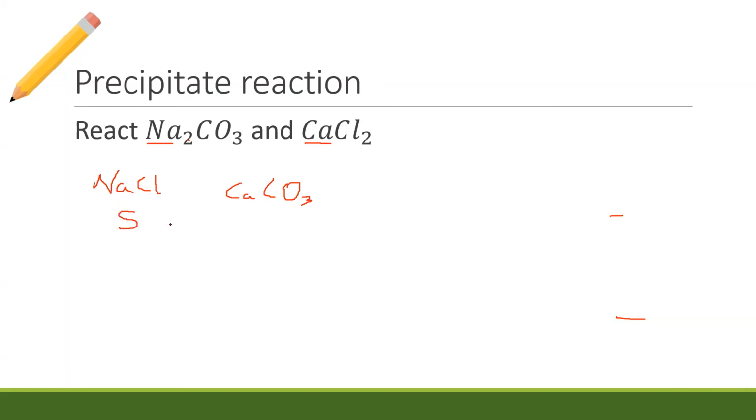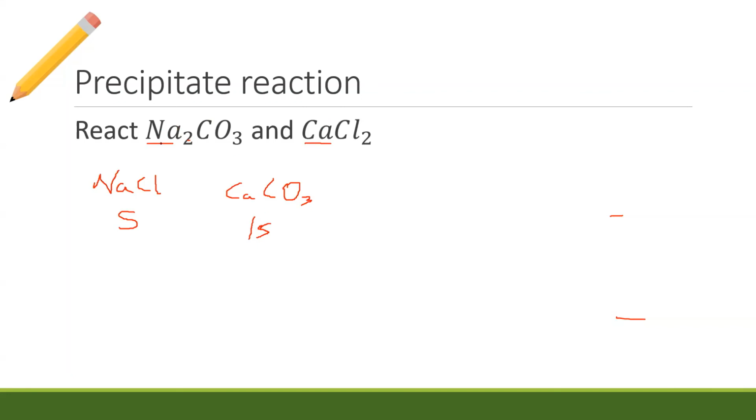NaCl is soluble, but what about calcium carbonate? Insoluble. Carbonates are always insoluble. So calcium carbonate is probably going to be insoluble. There are exceptions to when carbonate is soluble, and that's when it's bonded to something like Na.